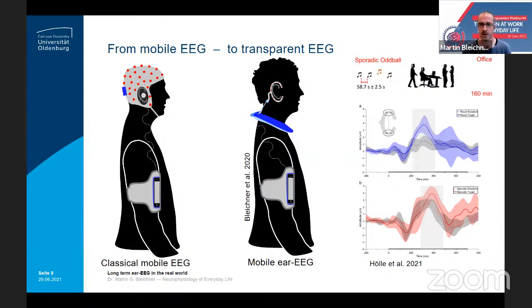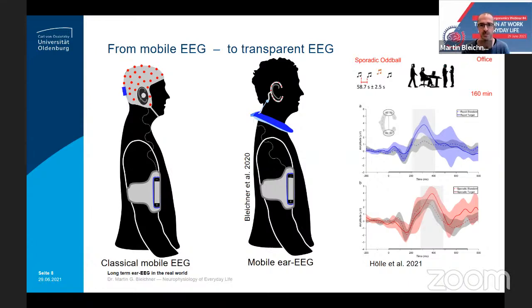However, whenever we argue that transparency is necessary, people say, sure, but why limit yourself to so few electrodes? Actually, you can walk around with a high-density EEG setup in Berlin just fine and no one bats an eye. That is certainly true, but transparency is more than other people not caring how you look. It is also that the wearer can forget about it and thereby behave as naturally as possible.